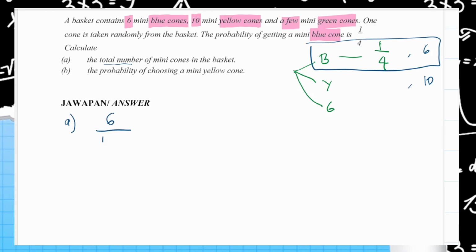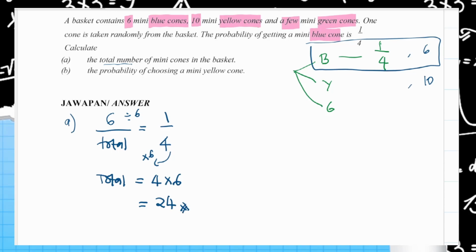And 6 over total gives the probability of choosing a blue, which is 1/4. So 6 divided by 6 equals 1, right? So you have to reverse. Here you have to multiply. So our total is 4 times 6, and you will get 24, right?